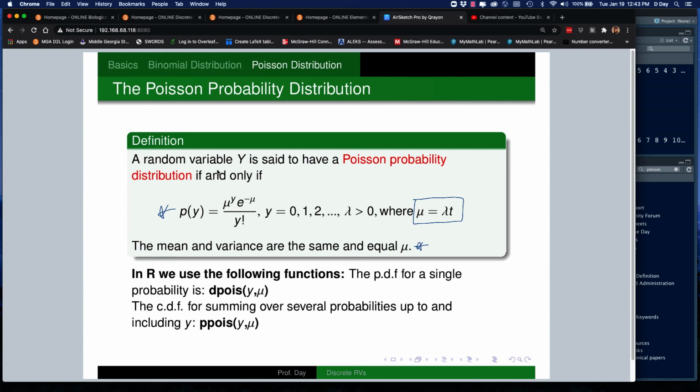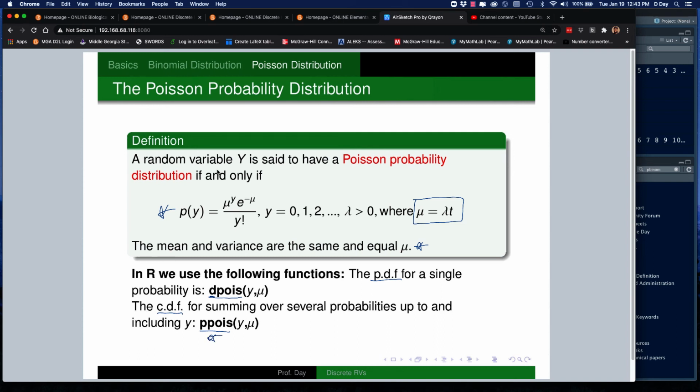Now the functions in R are kind of similar. Any PDF we use will have a D at the beginning of it, just like you saw dbinom for that. This is dpois. And for the cumulative one that adds together, you get ppois. The same rules that we did there apply, except you only have 2 inputs here. If you want to do lower.tail equals FALSE, that can come into play for the ppois down here.